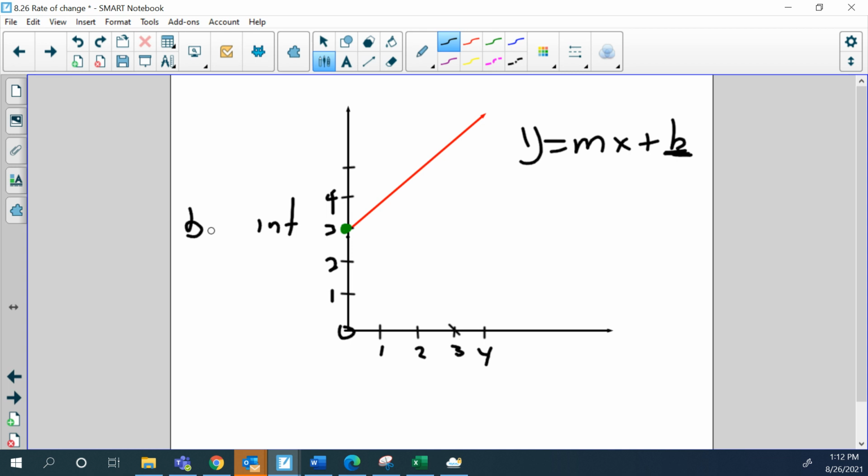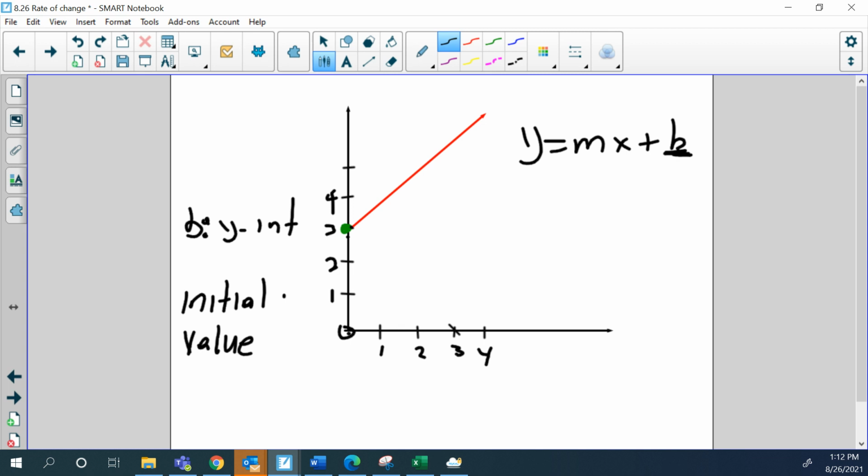B is my y-intercept. Now, there's another term we use for the y-intercept, and it's called the initial value. Initial value, because if you look at the graph, at 0, the graph starts at 3.